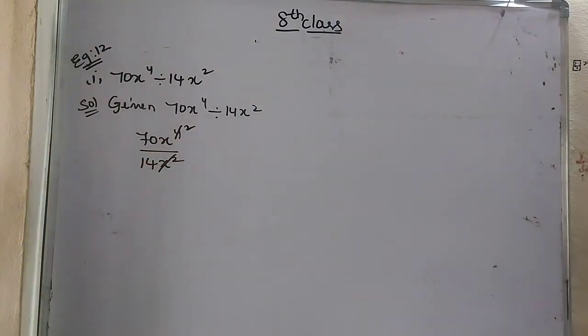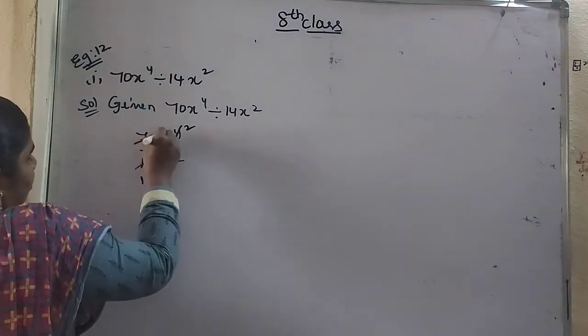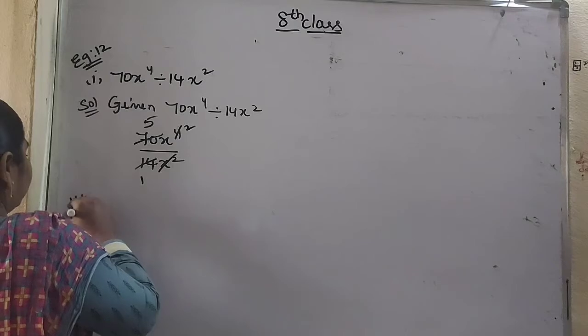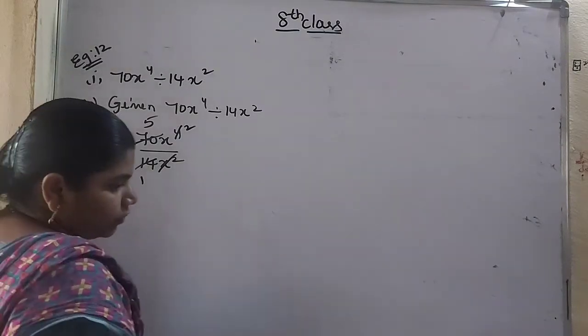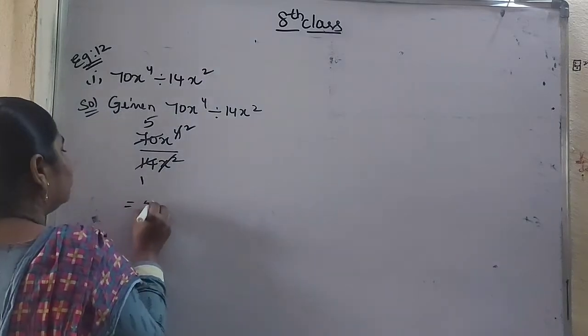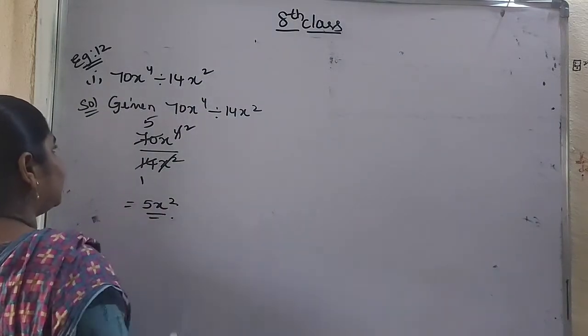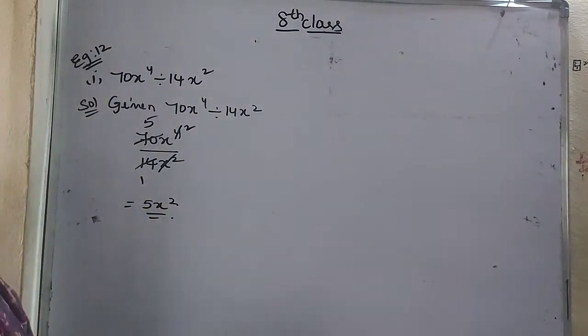How many times can you take here? 14 fives you can take. So it will be equal to 5x square. So what is the result? The result is 5x square.